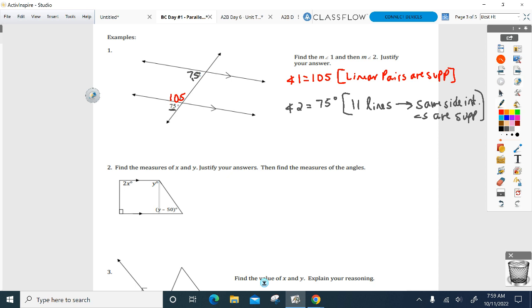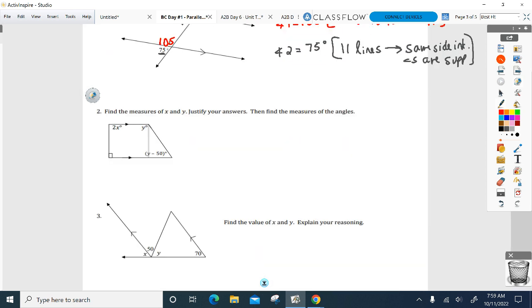All right, number 2. What happens if my diagram doesn't look like the last 2 we've been working with? Do we see the arrows? Okay, so we know we're dealing with parallel lines. We just got to figure out what the relationship is between the angles. All right, so here are my parallel lines.